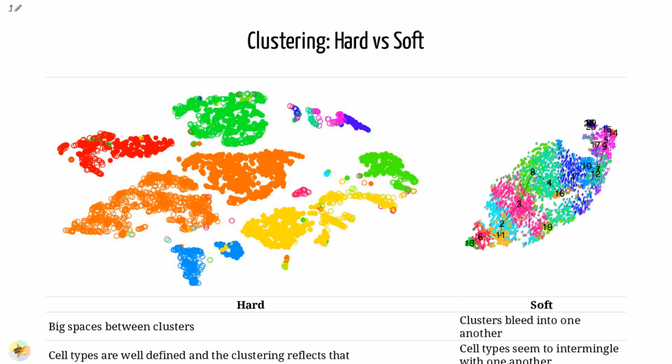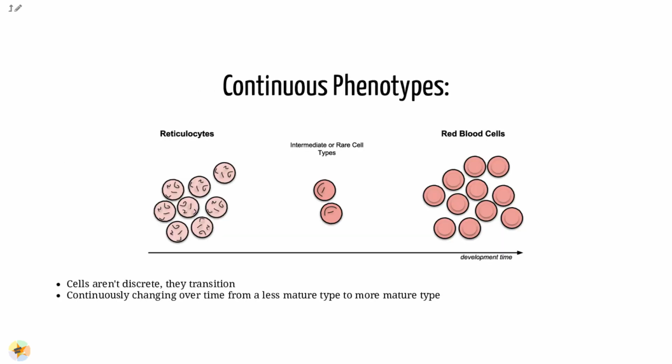Soft clustering is to be expected, since although clustering is a statistical method for discretely partitioning data, the underlying cell biology of the data is a continuous process, where cells transition from one well-defined state to another through intermediate stages which are represented in between two cluster centers.